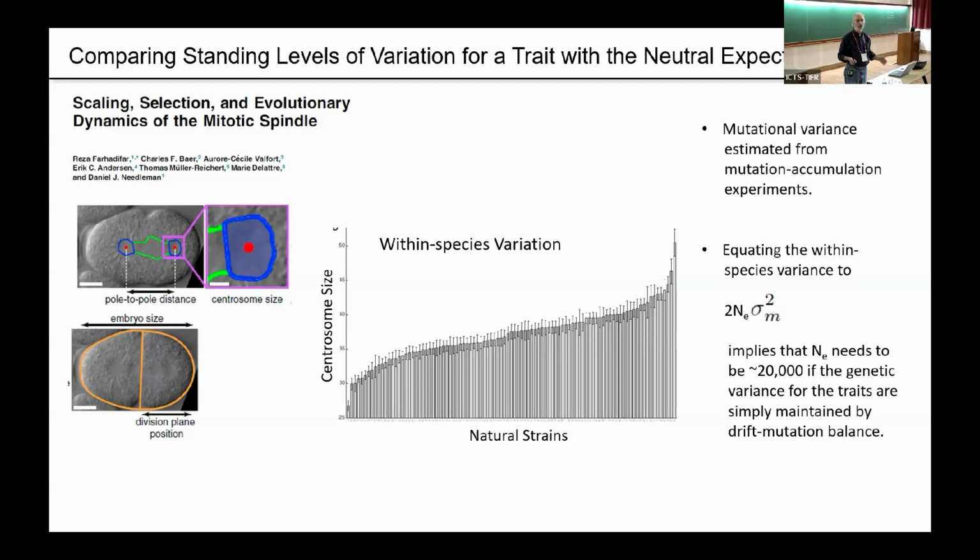So they concluded there must be some kind of, I think they said, stabilizing selection on these general cell biological traits. You have to be careful here because many forms of directional selection will also reduce the genetic variance for the trait. But anyhow, they rejected the neutral hypothesis. Maybe not surprising for a set of traits as key as cell division, but I think it's a nice example of what you can do.